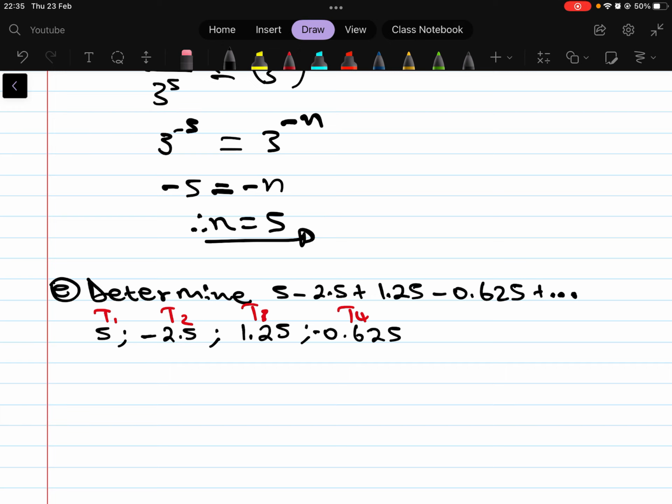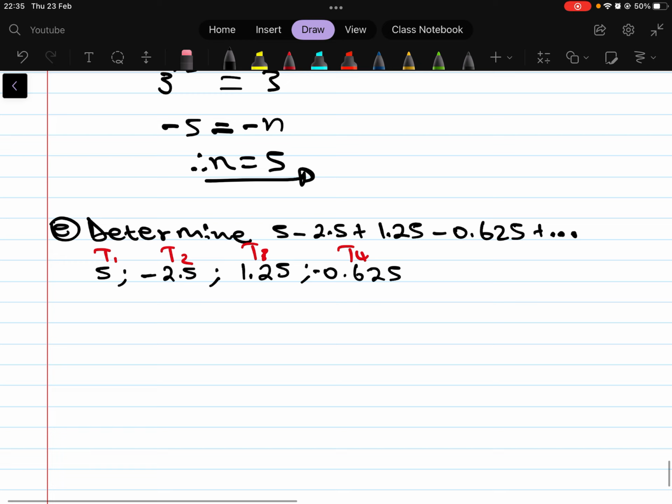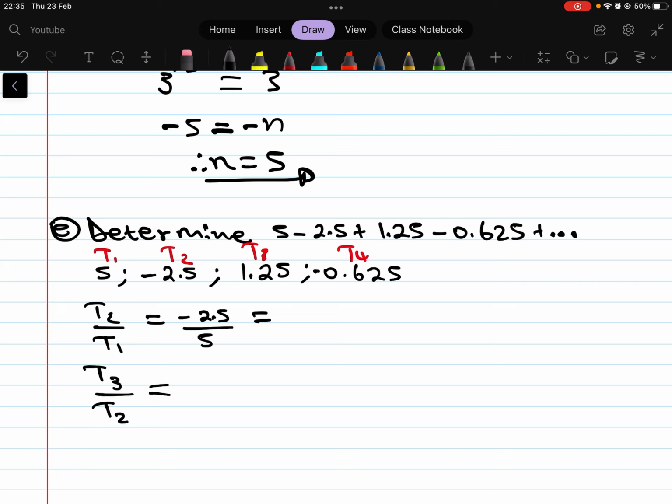Now you know that T2 divided by T1 is negative 2.5 divided by 5. What is the value that you get there? You can check with the other one, T3 divided by T2. You will see that you have 1.25 divided by negative 2.5. You have negative something.